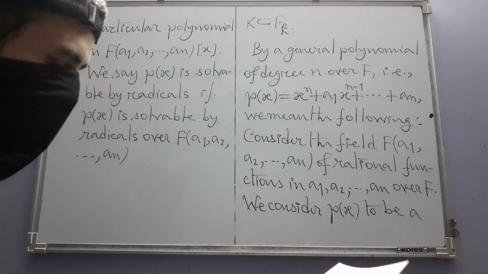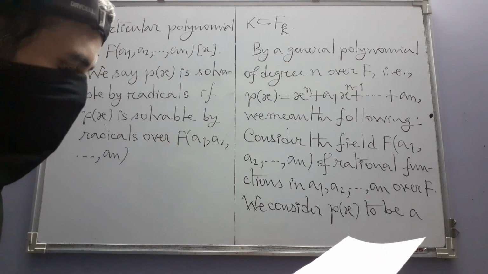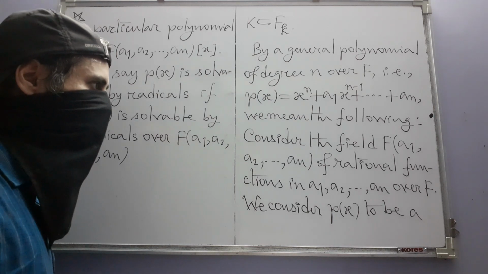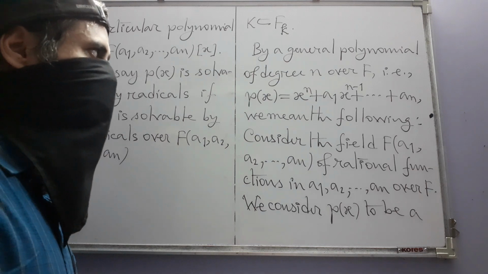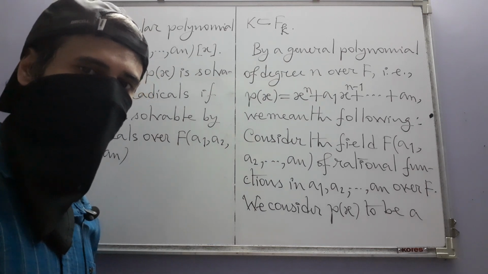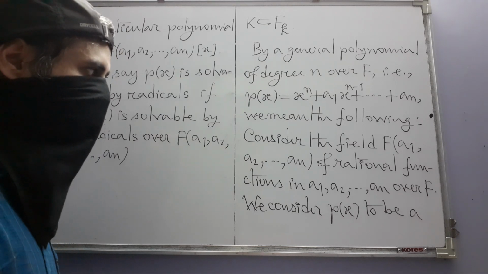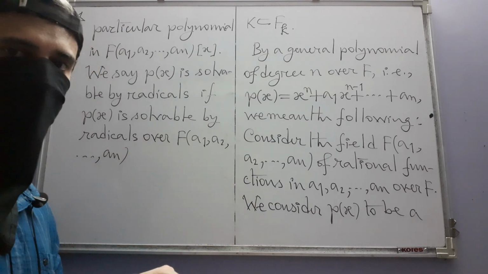Yeah, and then the author says for n equal to 2, 3 and 4, we pointed out that it can always be done. That is, the general polynomials of degree 2, 3 and 4 are always solvable by radicals in this sense.